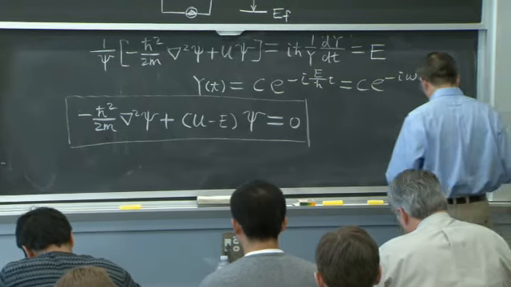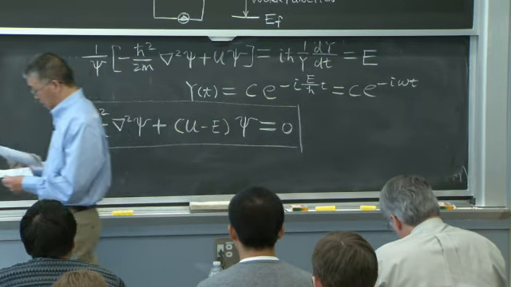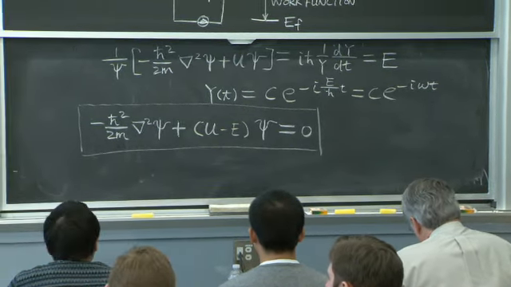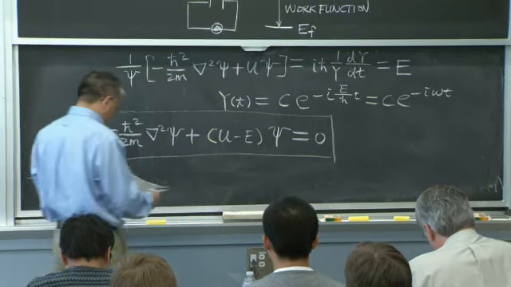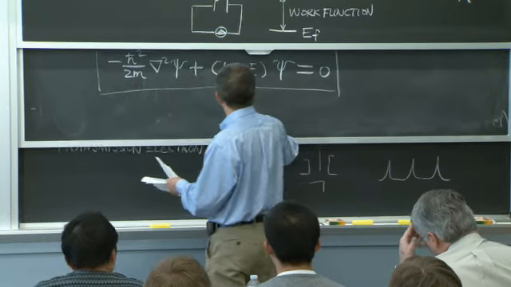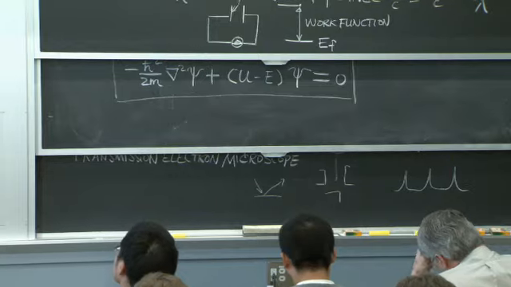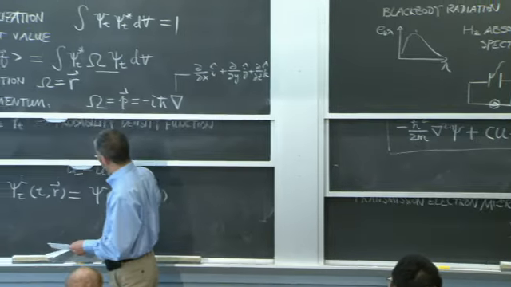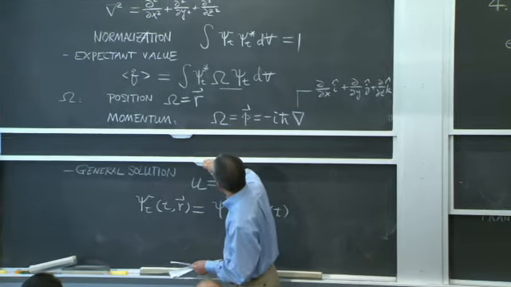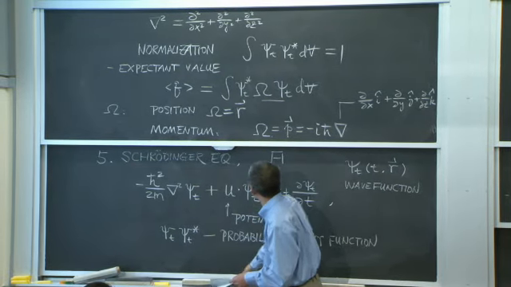A few more comments on the Schrodinger equation. I said this is a separation of variables constant, E. In fact, you can show, because we say the energy operator, where is my energy operator here?